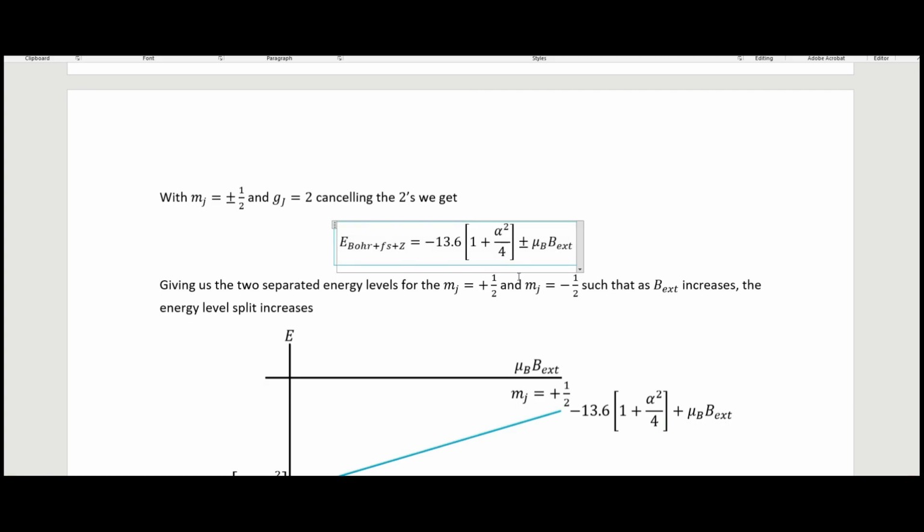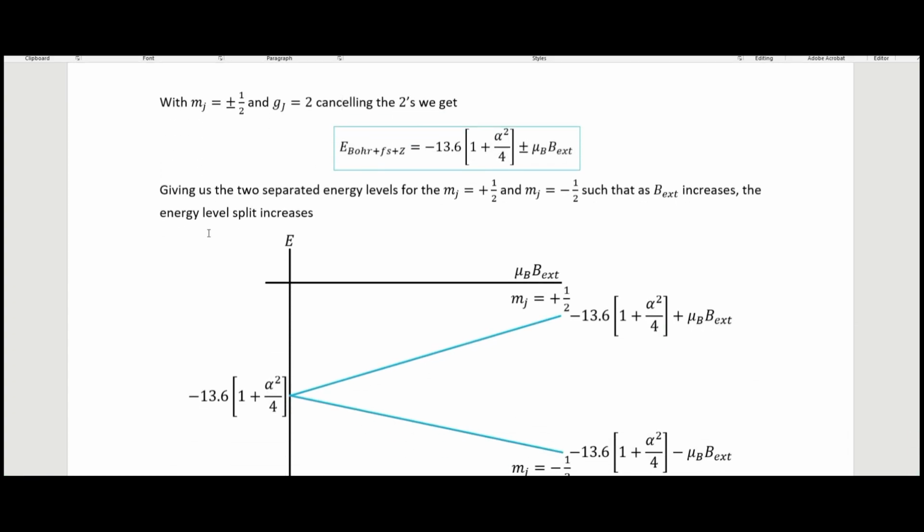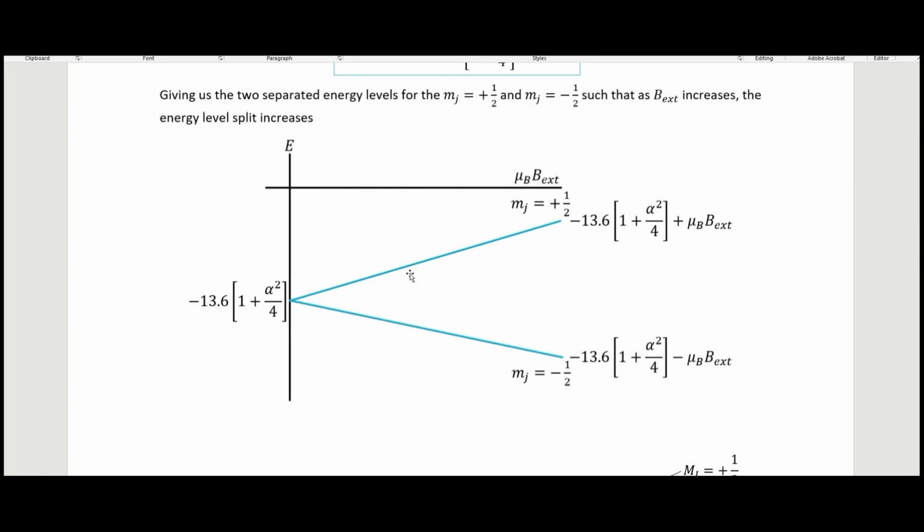This term right here is the Bohr plus the fine splitting, and then we have this from our Zeeman effect, where we get this plus minus from the fact that the m sub j can be plus or minus. And so what we see, like I said, is this splitting where the plus term splits upward into greater energy, and the minus term splits downward into lower energy.